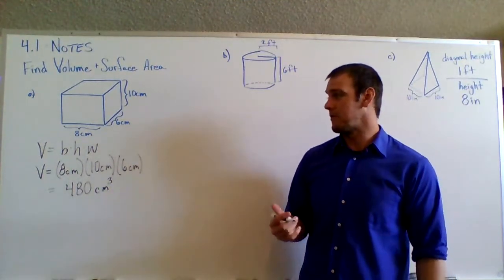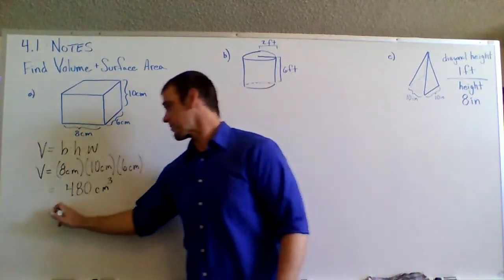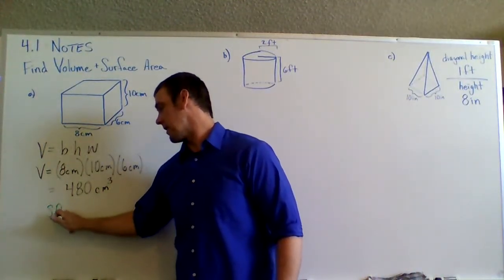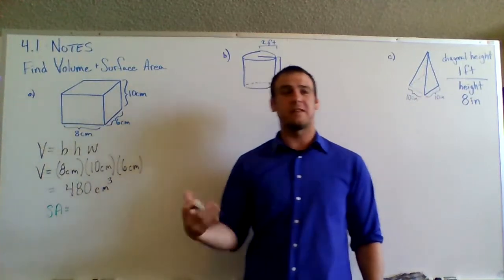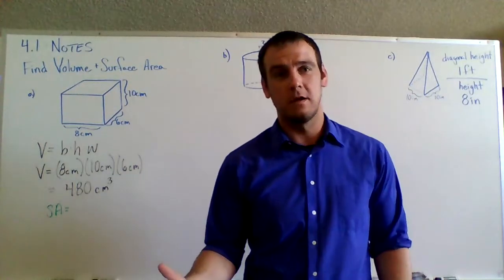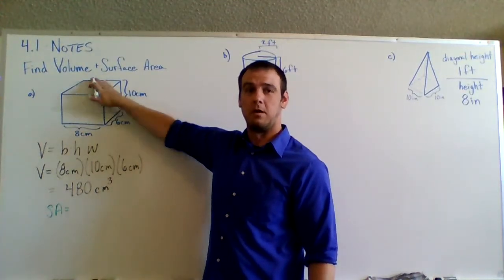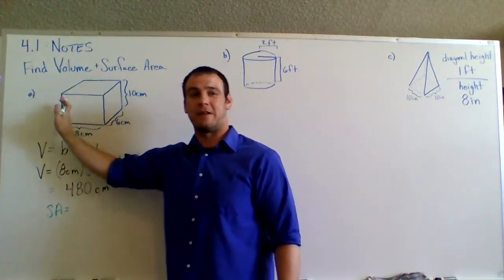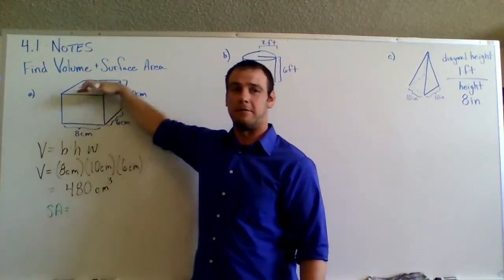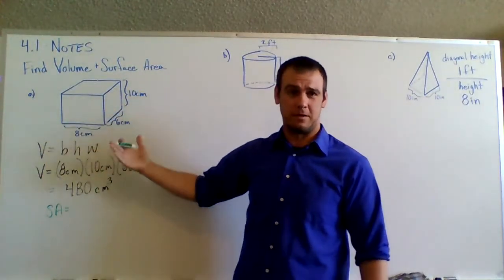Let's talk about surface area. That one's going to be a little bit harder. For surface area, we actually have 6 sides to this box. We have a front and a back, which are going to be the same. We have a right side and a left side, which are going to be the same. And we have a top and a bottom that are going to be the same.